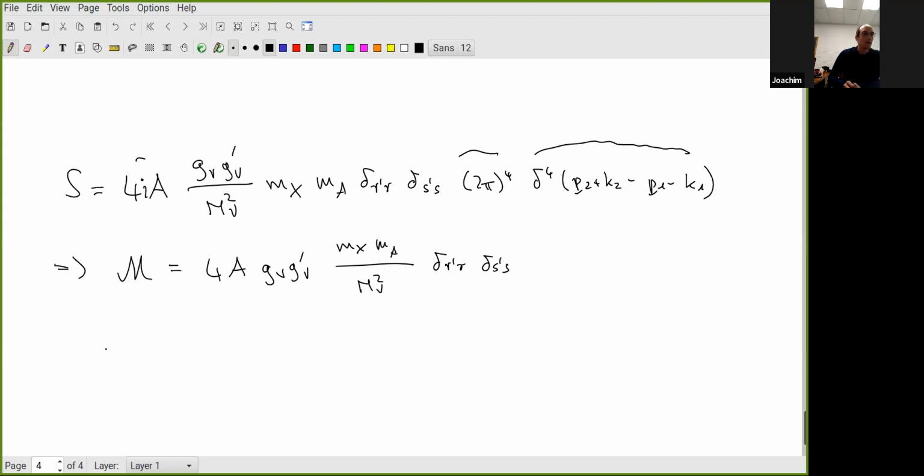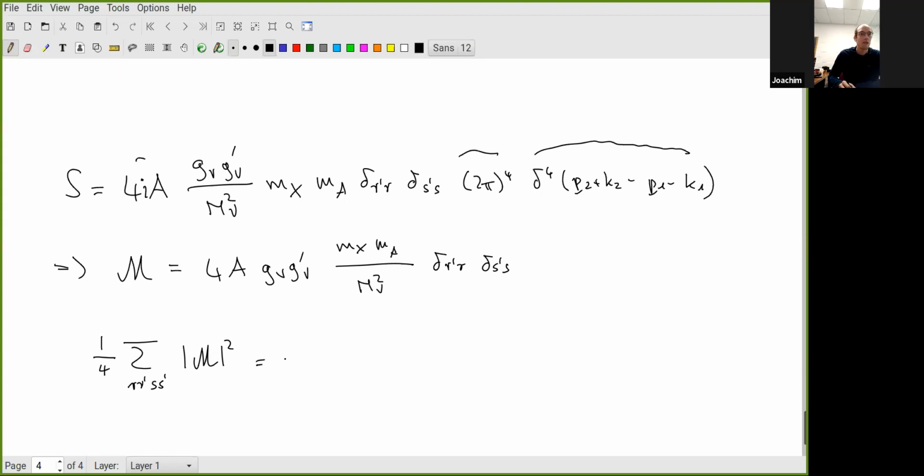So if we assume a nucleus with spin 1/2, then we have 2 spin states for both the dark matter and for the nucleus, and we get a factor 1/4 from averaging. Then we just sum over R primed, S primed, and square this matrix element. The sum is again easy because the spin dependence is just these Kronecker delta functions.